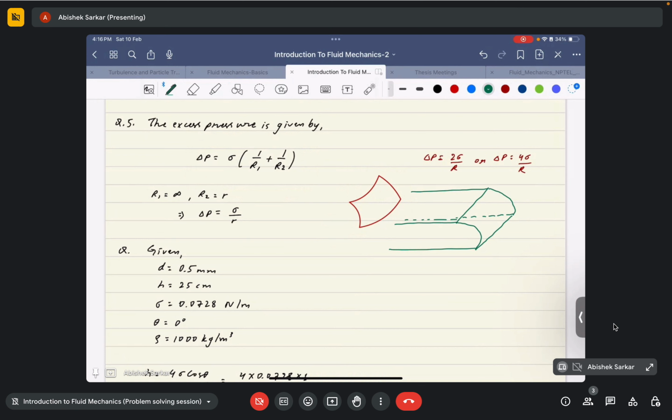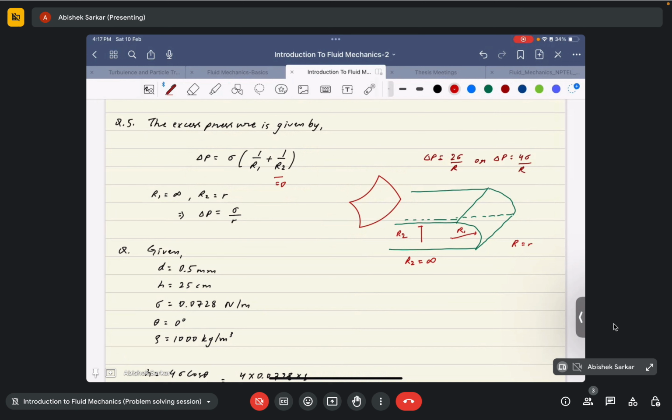In this case, one of the curvatures, say r1, is equal to r, small r. But the second curvature, r2, becomes infinity, because it's essentially a straight line. And 1 by r2 would give this term equal to 0.